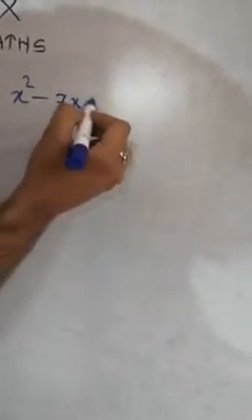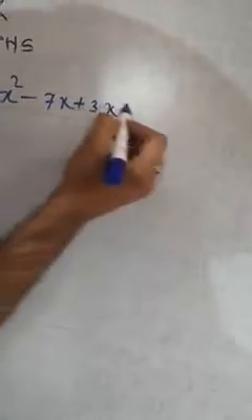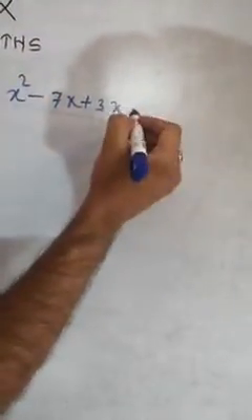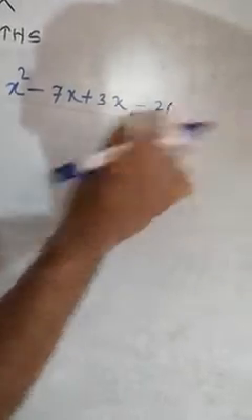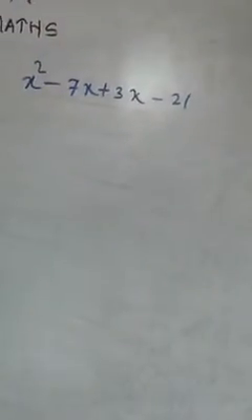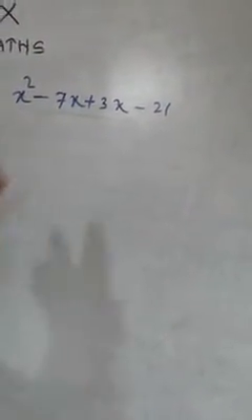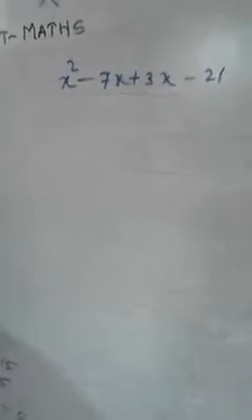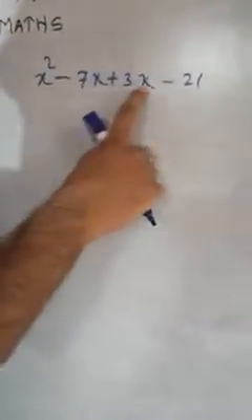So the factors will be minus 7x plus 3x minus 21. Now you can see, minus 7x plus 3x will be minus 4x, because the bigger number has a negative sign, and minus 21 is already here.